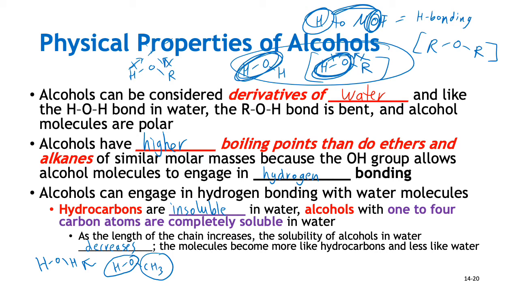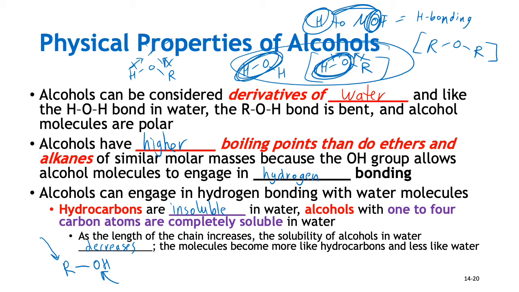And so what I want you to do is to imagine alcohols being like a mixture of a water and an alkane. So you know water is going to be water soluble, obviously, and alkanes are not water soluble. So R, OH. And the question is, which one wins? Does the R group win in terms of solubility, or does the OH group win in terms of solubility?